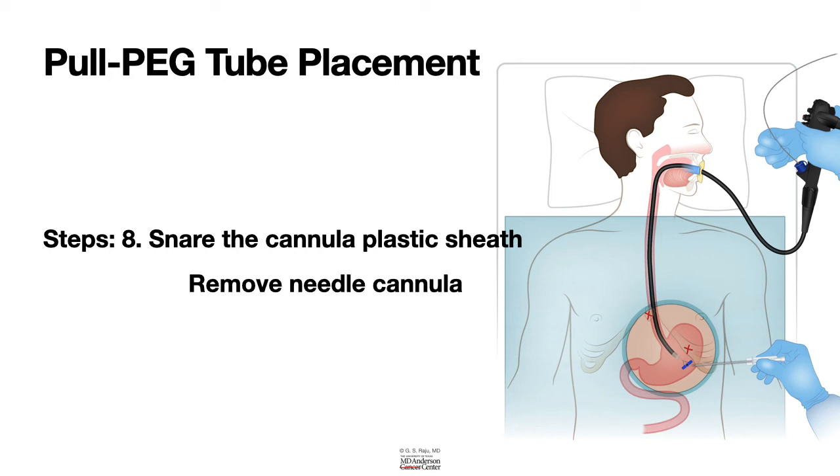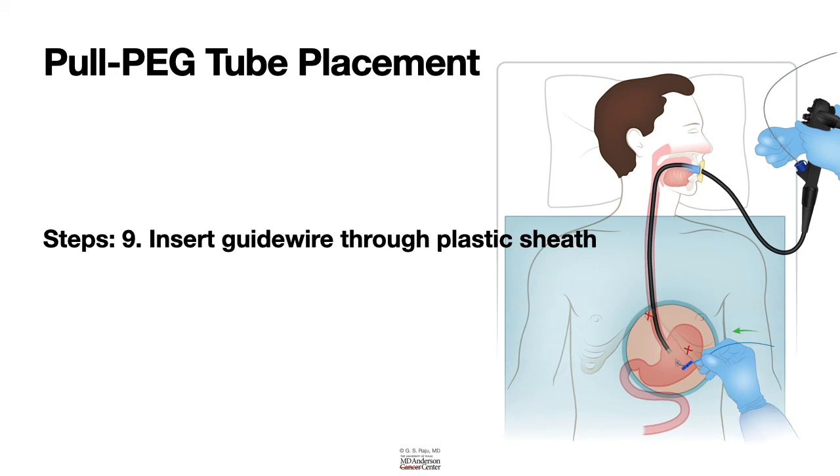Next, remove the needle cannula and then insert the guide wire through the plastic sheath. And once the guide wire is in the stomach, gently loosen the snare, and the snare will slide down the plastic sheath onto the guide wire.